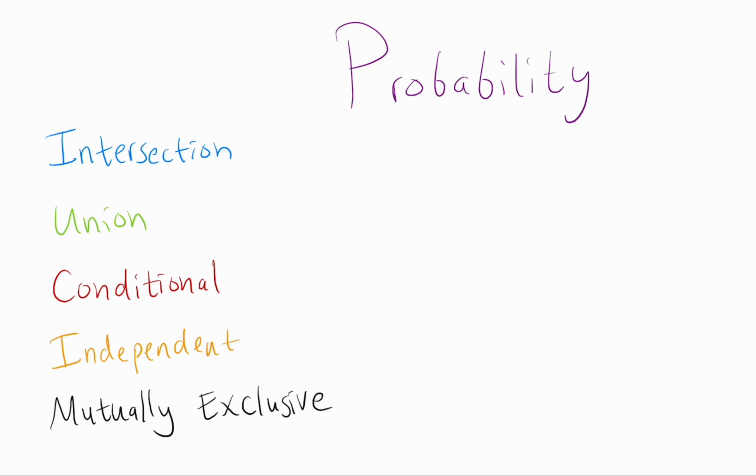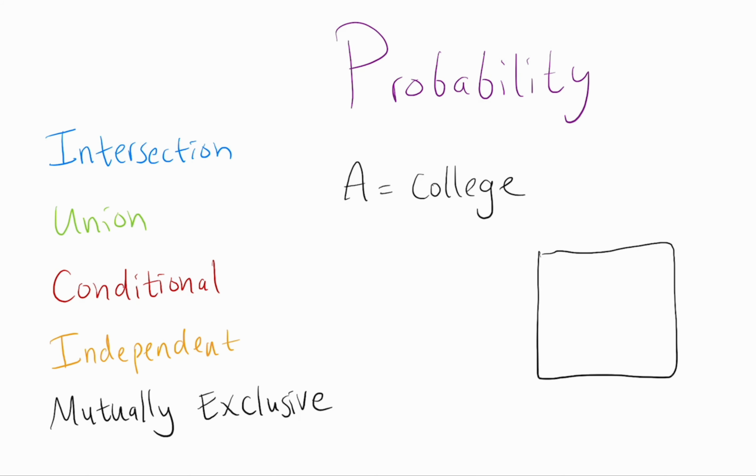So basically, let's say we have event A, which is going to college. Let's say event A is the probability that you find a randomly selected person and that they have a college degree. Well, one way to think about that visually is imagine if you have a 1 foot by 1 foot dartboard, and you're trying to figure out the likelihood of somebody throwing a dart at random in that 1 foot by 1 foot and it landing somewhere in this circle.